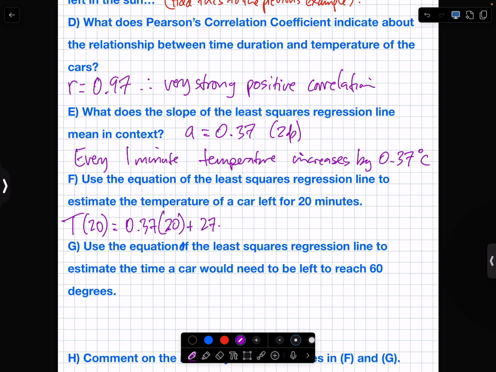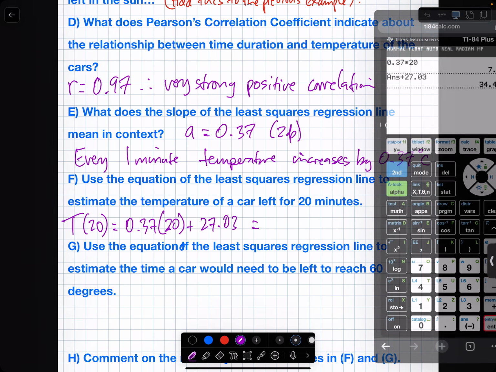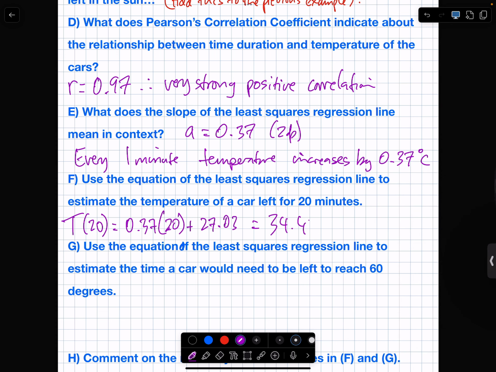Yeah, 27.03 was the y-intercept. I just need to work that out. Give me a second. 0.37 times 20, add 27.03, is 34.43 degrees to 2 decimal points.